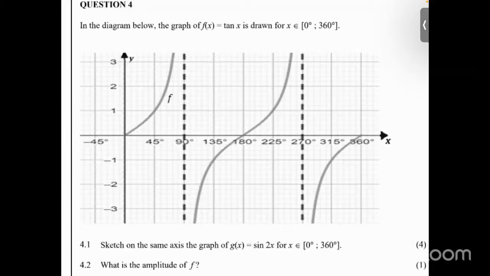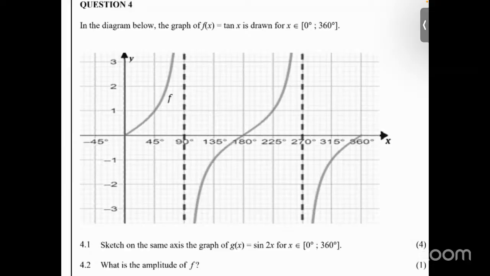For 4.1, it looks like most of the graphs that we have done have been sketched from 0 degrees to 360 degrees. Just be careful that sometimes it may start from negative, so do not always think it will be between 0 and 360.